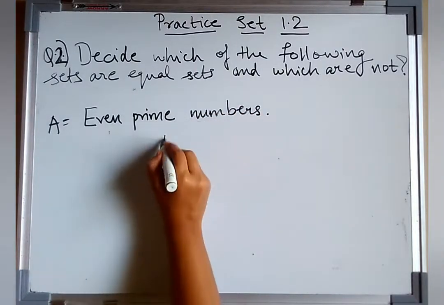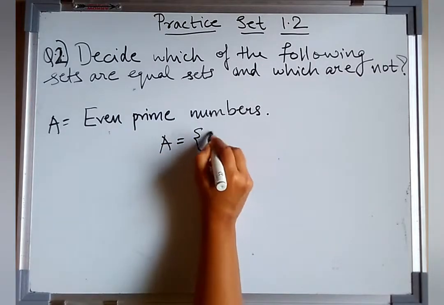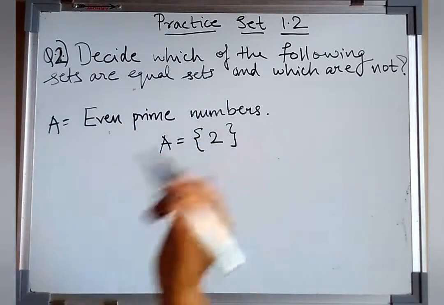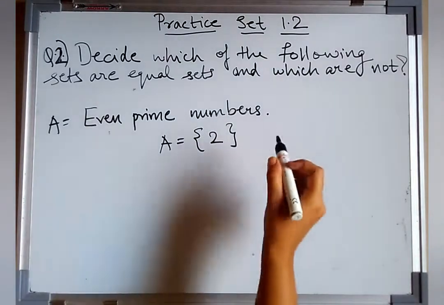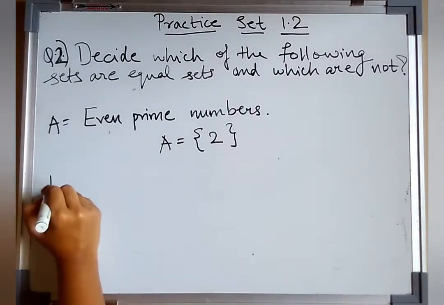Which is the only even prime number that exists? It is 2. We have already discussed it in the previous reviews. So this is a set of even prime numbers.